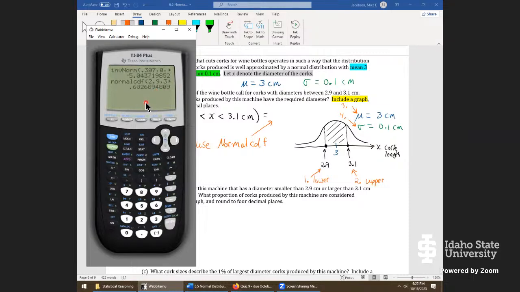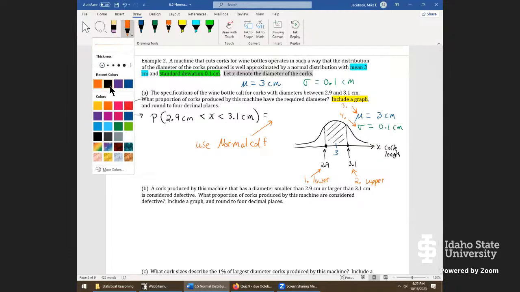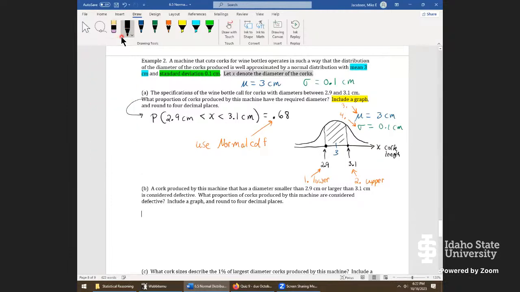Now in WebAssign, only in WebAssign, we do have to be really careful about rounding. This is asking for 4 decimal places of accuracy, and the 4th place is a 6. To the right is an 8, so we'll round up to 0.6827 on this problem. I'll put this in a box just to indicate that was the proportion that they were going for.